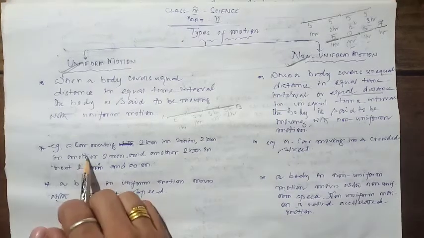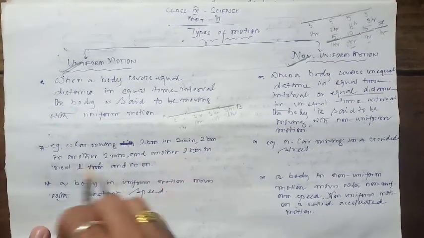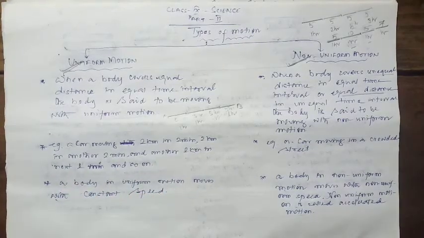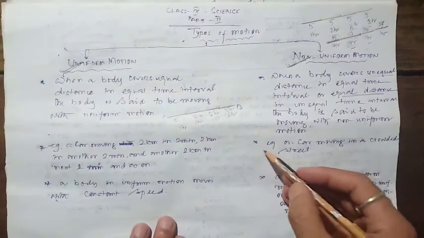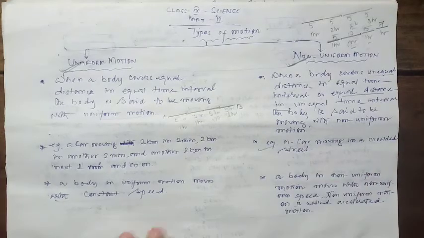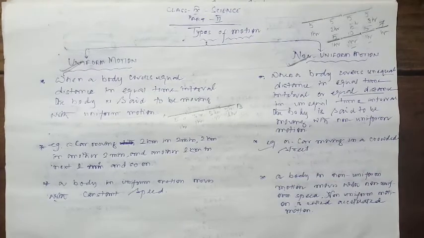Here is an example. A car moving 2 km in 2 minutes, 2 km in another 2 minutes, and 2 km in the next 2 minutes, and so on. Here the body is moving uniformly. Now, here is an example of a non-uniform motion. A car moving in a crowded street. Students, imagine a car moving in a crowded street. The car will not cover equal distance in equal time.